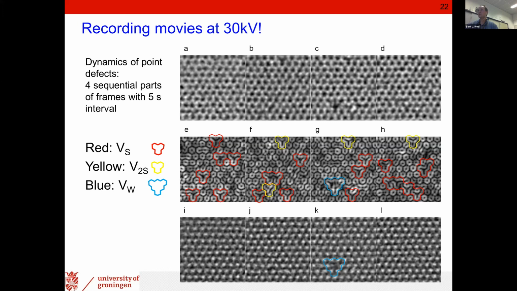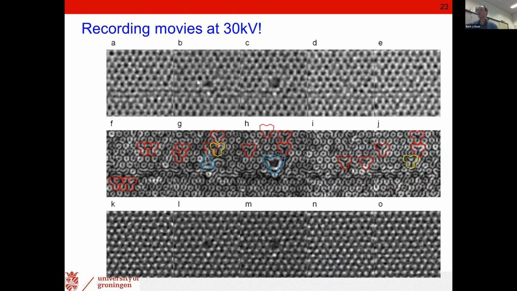But they are currently way too slow for the fast capturing capability that you have in scanning transmission electron microscopy, because it's still sequential and you really have to capture frames relatively quickly. So we can follow all these kinds of defects in the material. And we can see, for instance, in this case, locally, a tungsten vacancy appears, but it can also be annealed back. It can disappear again.